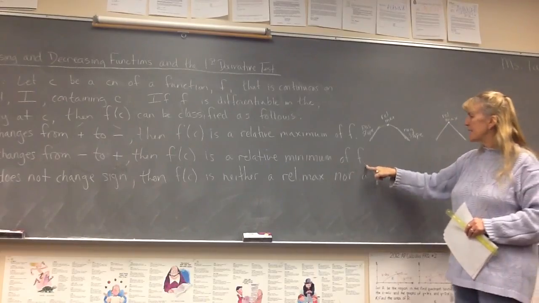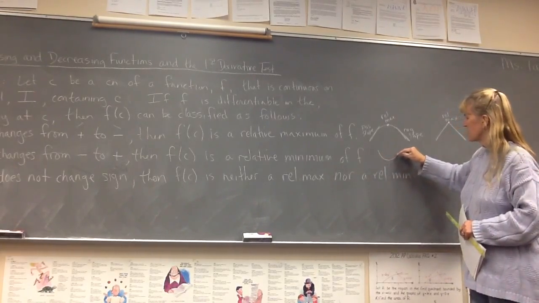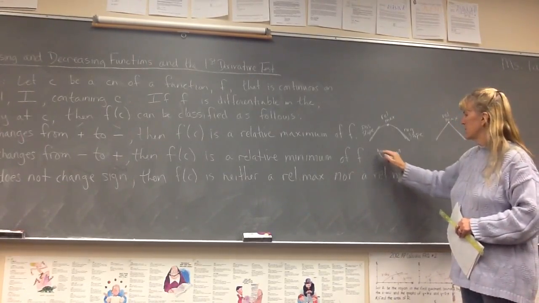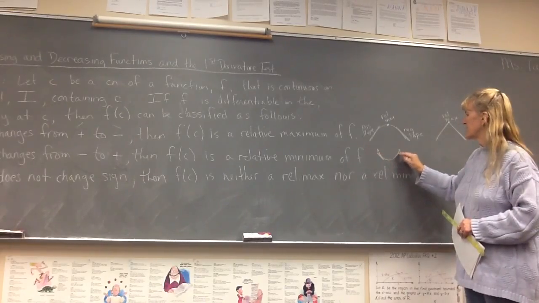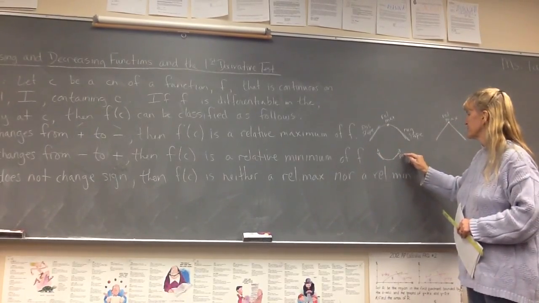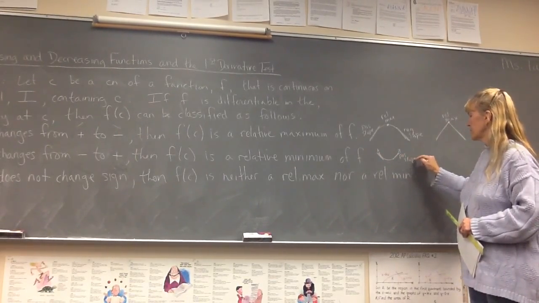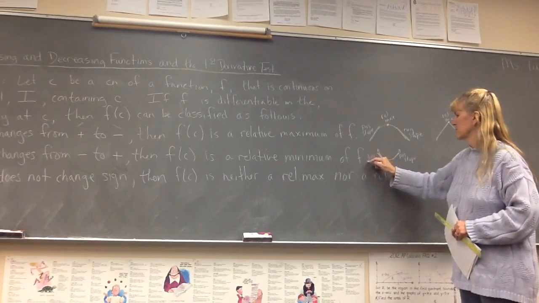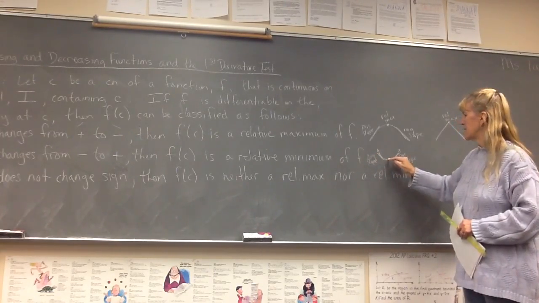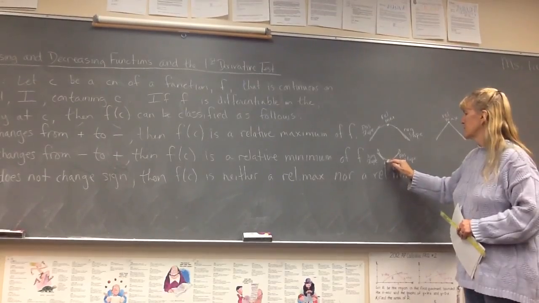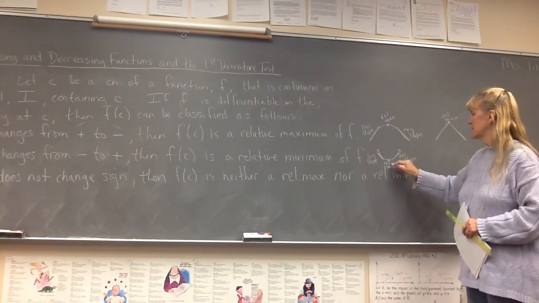If we go from a negative slope to a positive slope, negative slope here, positive slope here, we have to go through our relative min.